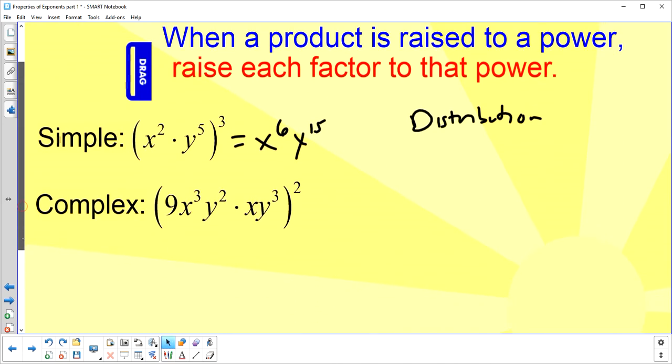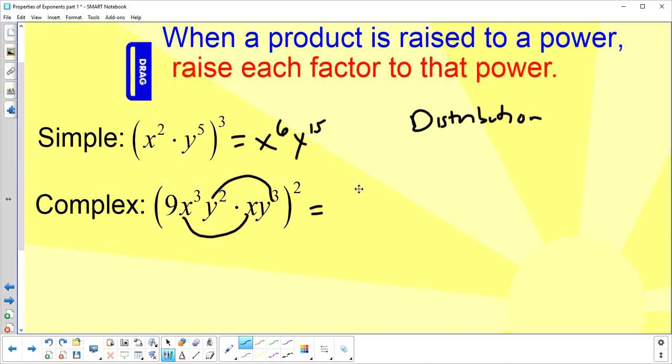A little more complex then is when we have multiple things in here. So first, let's think about that first property. We can put together our x's and we can put together our y's, and that'll help us simplify a little bit. So we can't drop our parentheses yet. We're going to do inside the parentheses first. Remember, there's a 1 right there, so we're going to end up with 9x to the 4th, y to the 5th, all to the 2nd power.